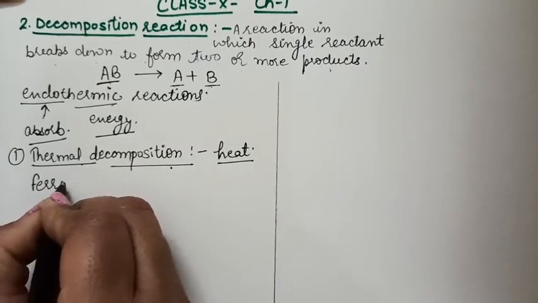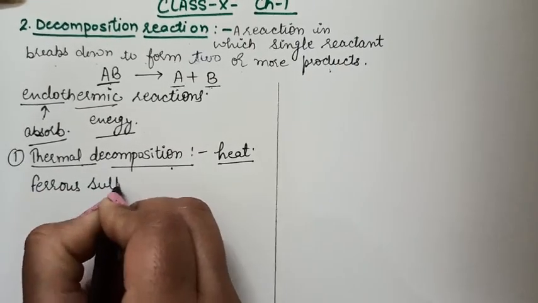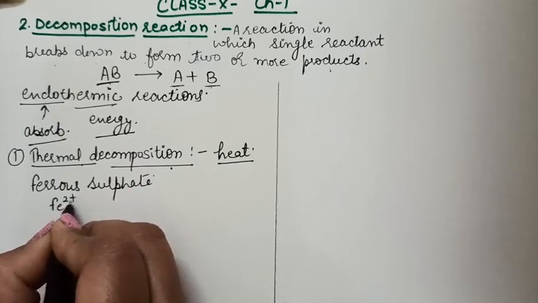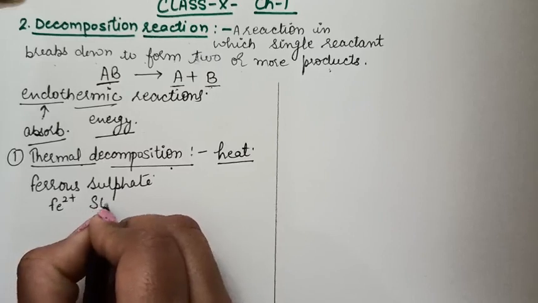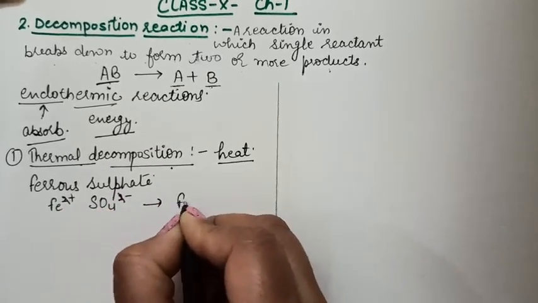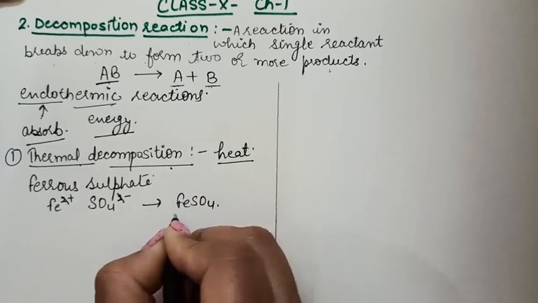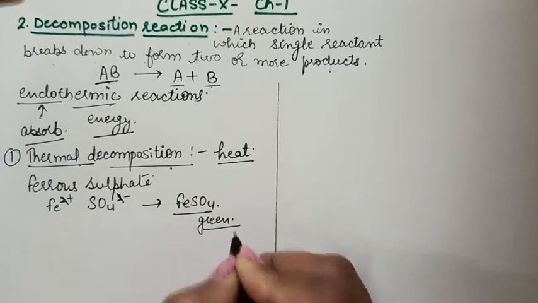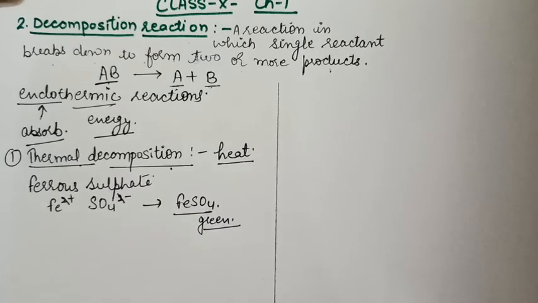Ferrous refers to Fe2+ and sulfate is SO4 2-. The formula is FeSO4 and it is of light green color. Green colored crystals. Crystals means they have a shape.